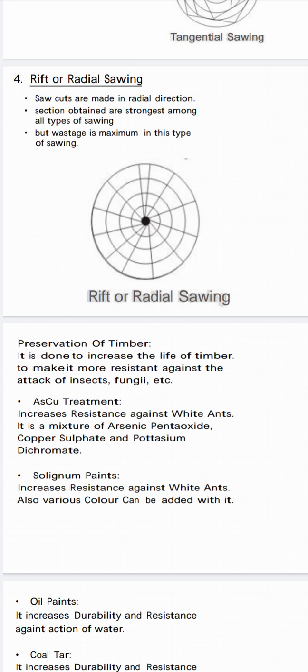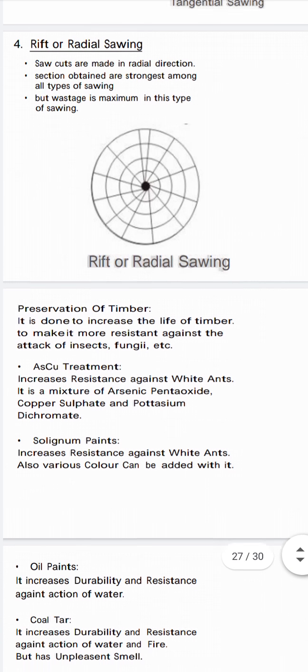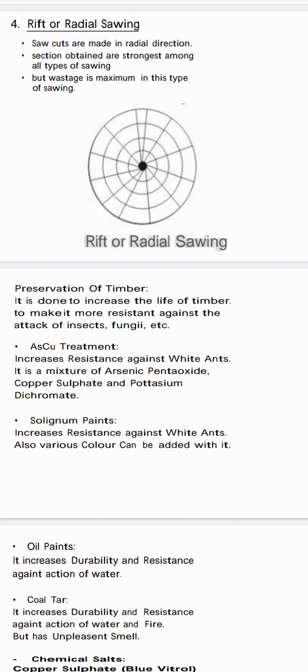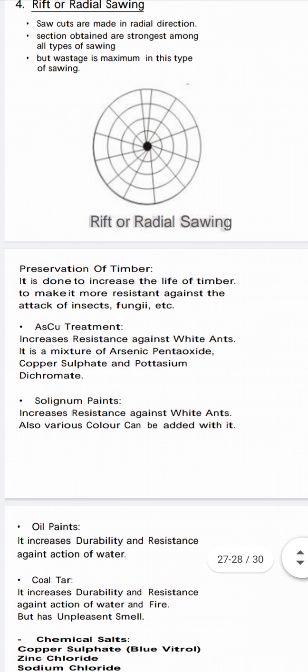Preservation of timber. It is done to increase the life of timber and make it more resistant against the attack of insects, fungi, etc. As treatment, it increases resistance against white ants. It is a mixture of arsenic pentoxide, copper sulfate, and potassium dichromate.